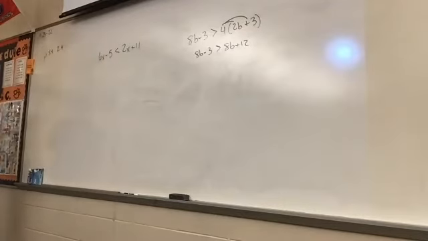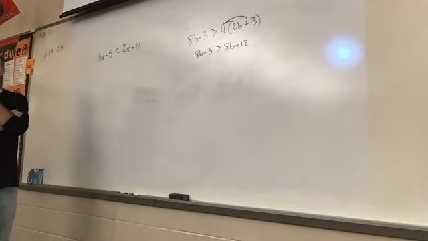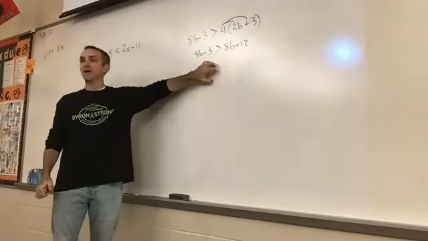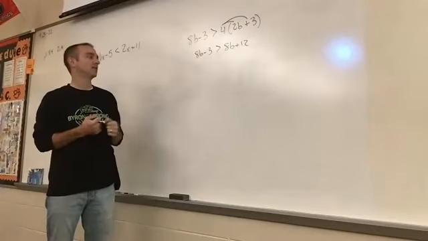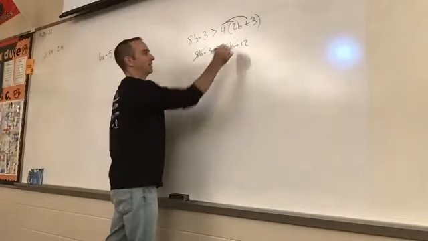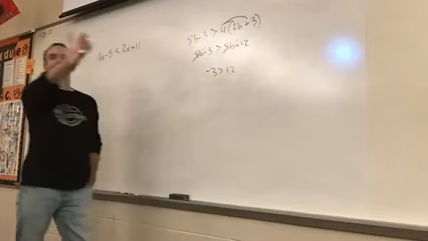Okay, here we go. Hey, how about we talk about it up here and we'll figure it out. So for this one, that second one, that's the one we're talking about the most here. Those 8b's are going to cancel each other out. We know that. We're left with -3 is greater than 12. If you had added the 3 over, that's fine.